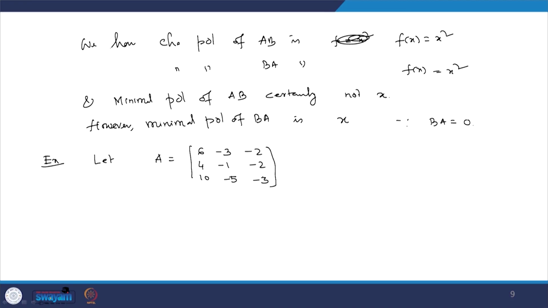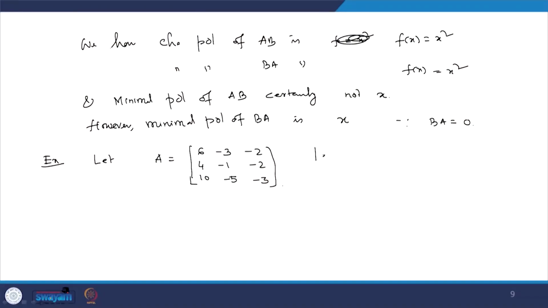Let me consider a matrix A equal to [6, -3, -2; 4, -1, -2; 10, -5, -3], or equivalently, consider a linear operator T defined on F^(3x1) whose matrix representation is the given matrix A. The question is: is A similar to a diagonal matrix over R?